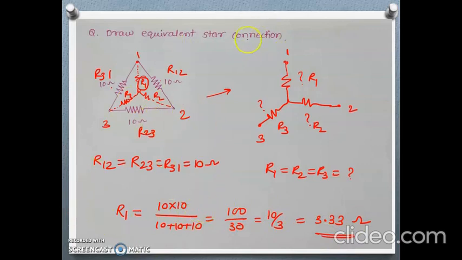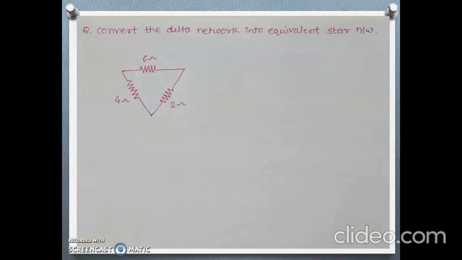In this manner we can convert the given delta to its equivalent star. Let's take another example. Here we have this delta network where the resistances are 6 ohm, 4 ohm and 2 ohm. Let's label this terminal 1, this terminal 2 and this terminal 3, and we want the equivalent star.